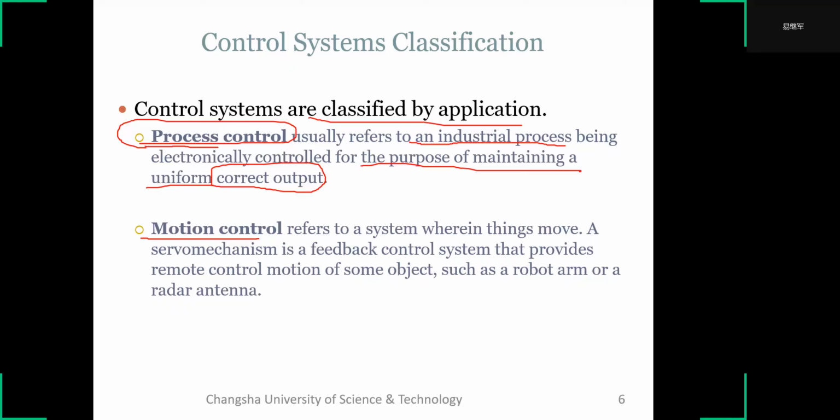Motion control refers to a system varying things moving, controlling the speed and the displacement. Servomechanism is a feedback control system that provides remote control of the motion of some object, such as a robot's arm or a radar antenna.